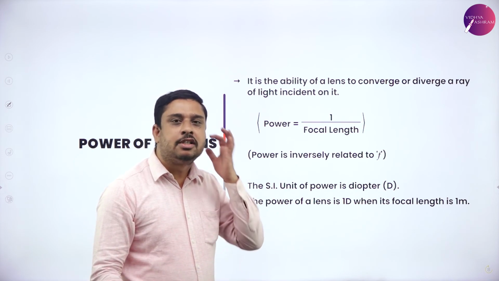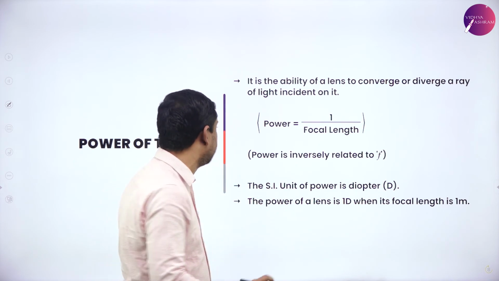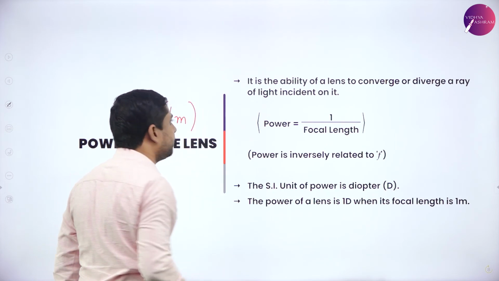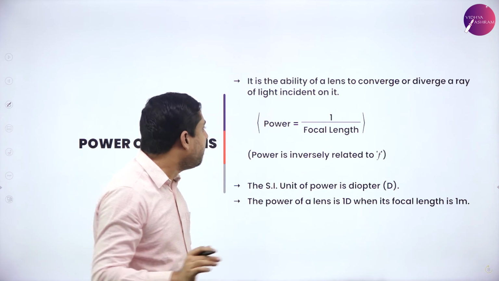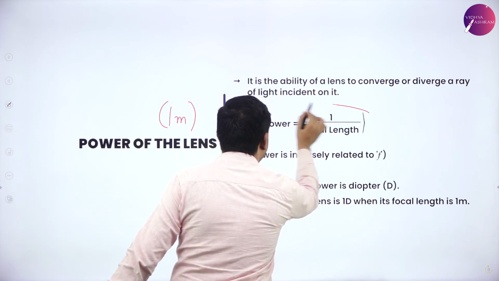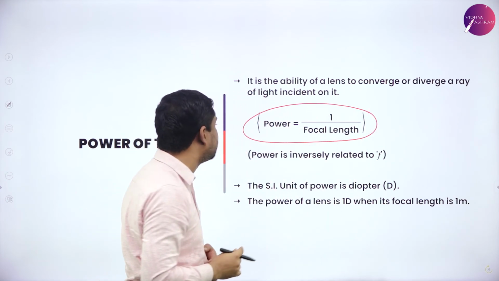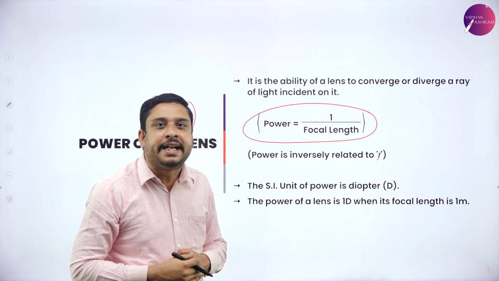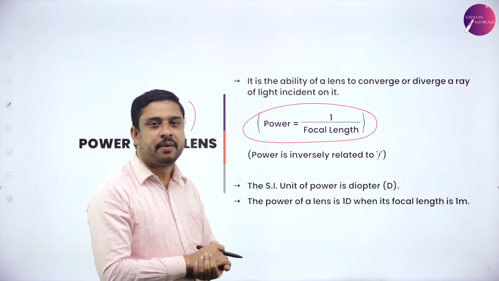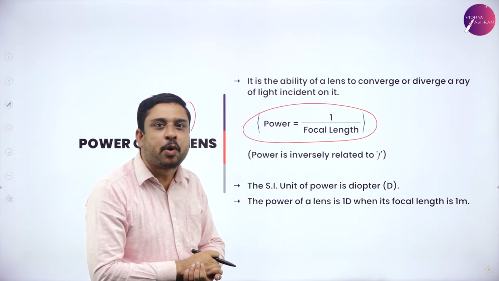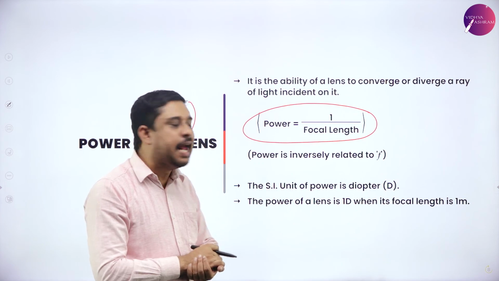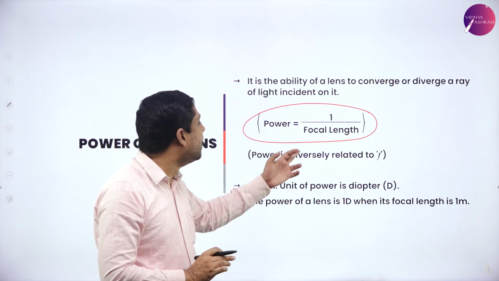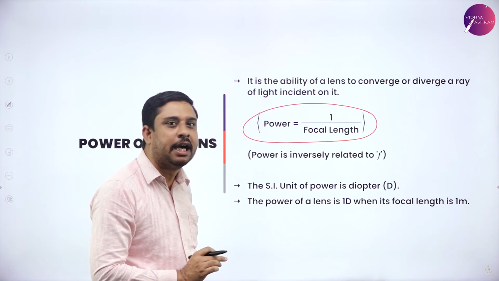Now we study a concept called power of a lens. This is always asked for 1 mark. Mathematically, power of a lens is defined as 1 divided by focal length. Reciprocal of focal length is called power, and it is inversely related to focal length.